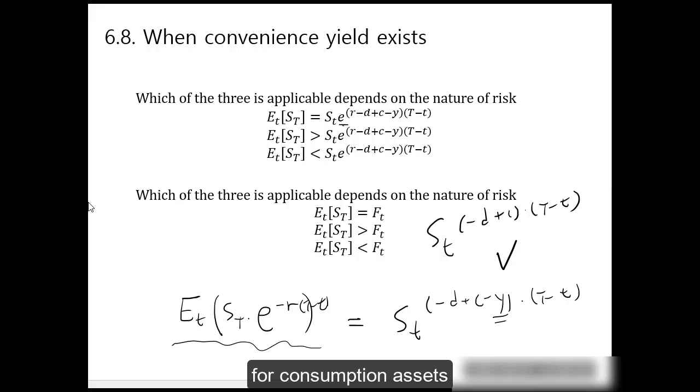But once we replace this whole thing with the forward price or futures price, then our previous discussion still applies. So if people can ignore the risk in crude oil, the most likely relationship between current forward price and expected spot price is that they are identical.